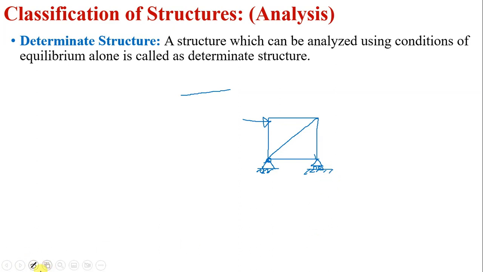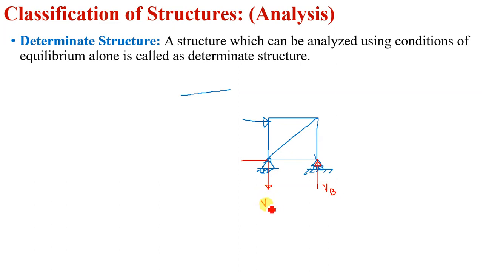Okay, now let us calculate the support reactions. Draw the free body diagram. So the first reaction is vertical, the second is horizontal. At the roller support only one reaction will be there. Say this is VB, and this is VA. It will act in the downward direction.